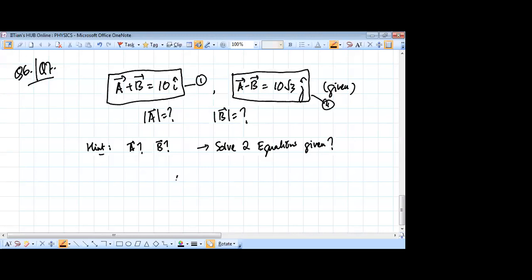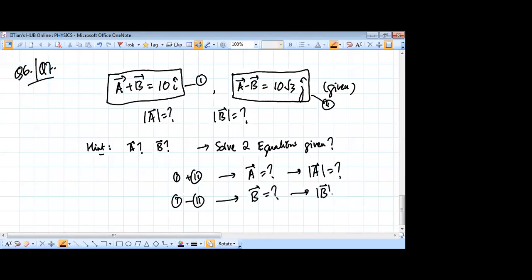You can do the operation equation 1 plus 2 and that will give you the vector A, and then from that you can find out the magnitude of the vector A. And similarly, if you do the operation 1 minus 2, you will be able to find out what vector B is, and from that you will be able to find out the magnitude of vector B.